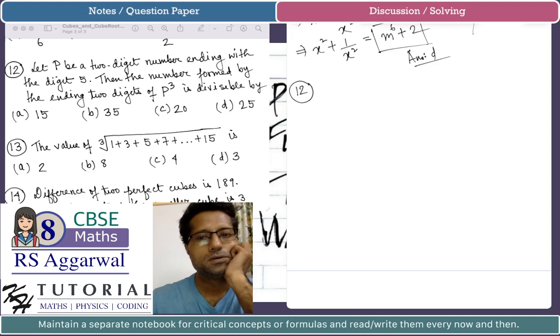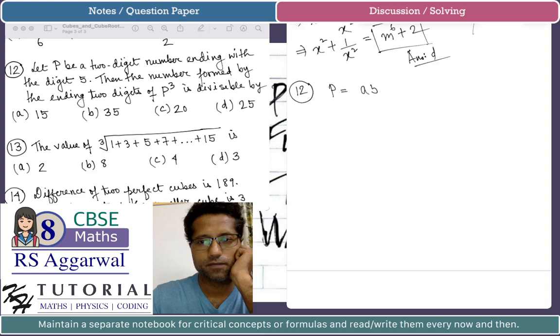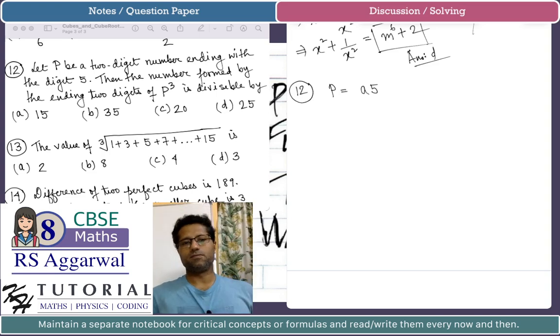So the number P is of the form A5, where A is some non-zero digit. Now it is saying that then the number formed by the ending two digits of P cube. Now P cube, what can P cube be? P is A5.